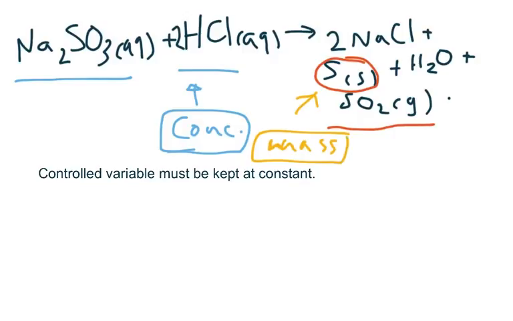Another way which we are familiar with is changing, for example, the time, in order to find out the reaction rate. So if you place a reaction vessel on a hot plate, you might want to change the time in different intervals and see how does that change the color of your reactant.